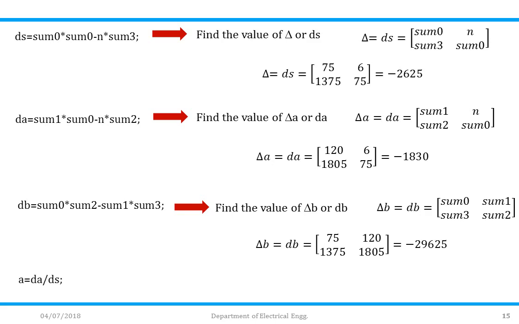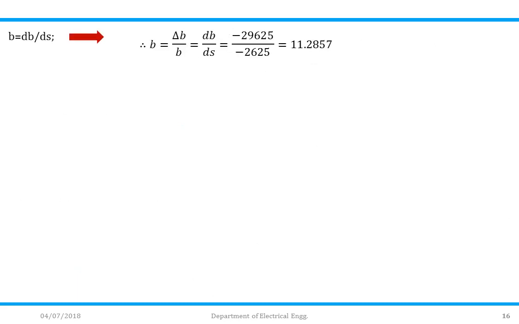Next is the calculation of the values of A and B. So A equals dA by dS by Cramer's rule. So we'll get the answer as 0.6971. All these steps we have done for Cramer's rule for calculation of the constants A and B. Similarly, B equals dB by dS, which will give the answer as 11.2857.